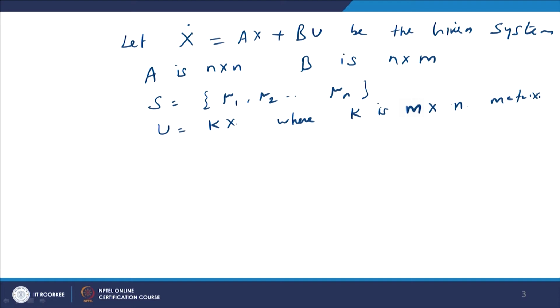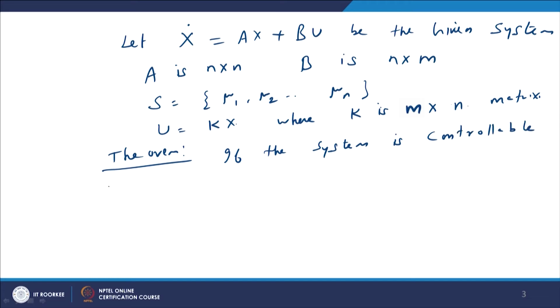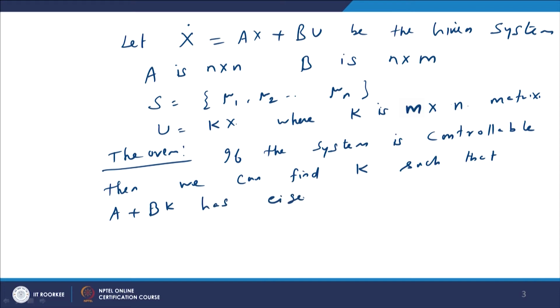So, the theorem statement is: if the system is controllable, then we can find the feedback matrix K such that A plus BK has eigenvalues mu i.